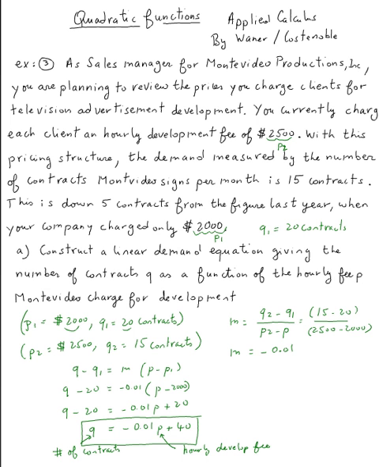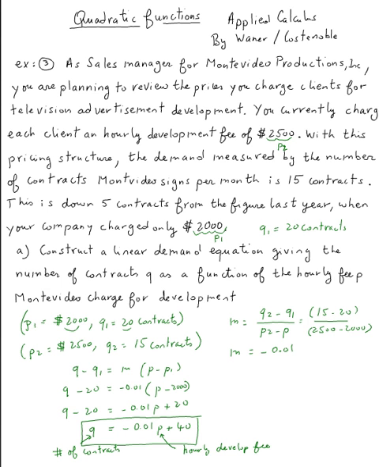For question B, on average, Montevideo bills for 50 hours of production time on each contract. Give a formula for the total revenue obtained by charging P dollars per hour, in other words, as a function of P dollars per hour. This can be confusing.